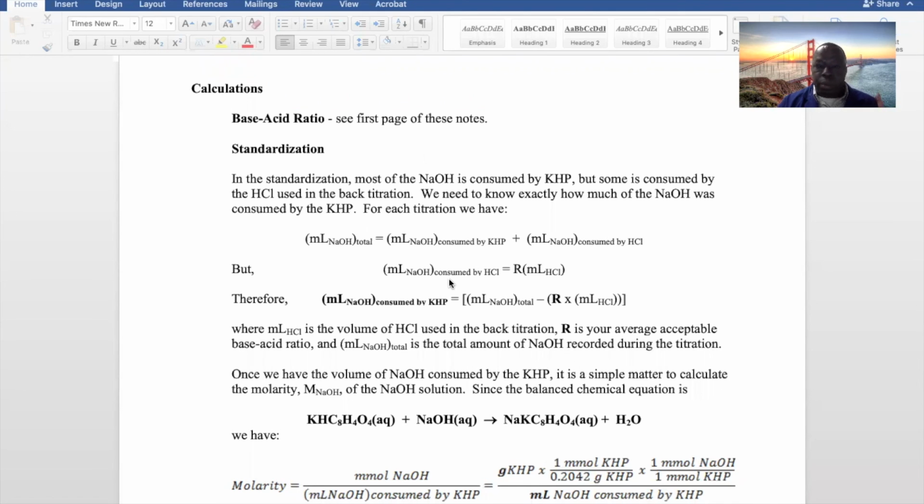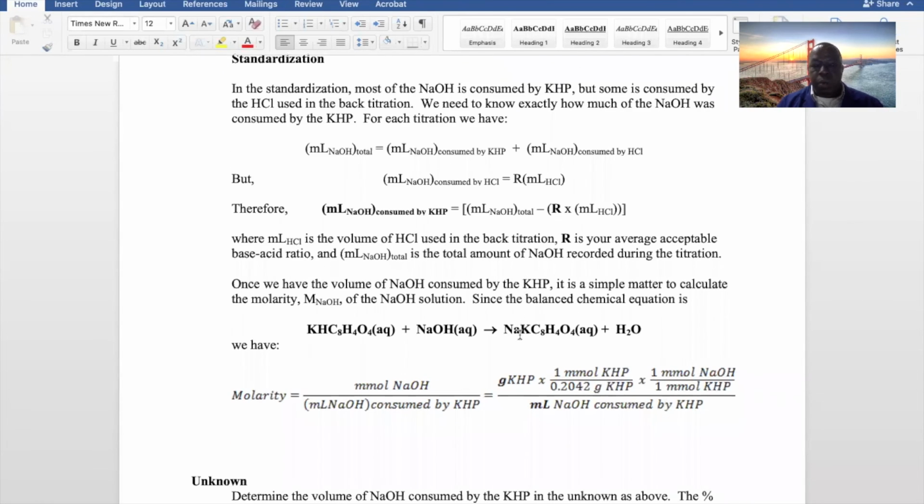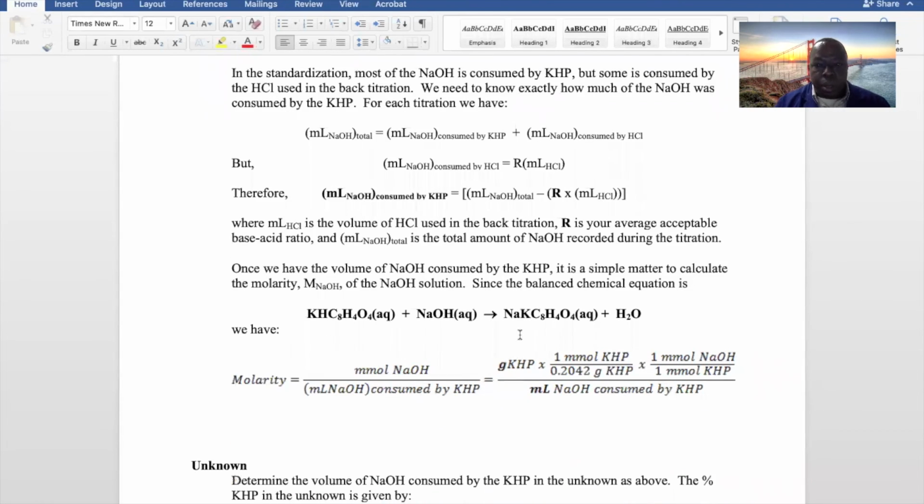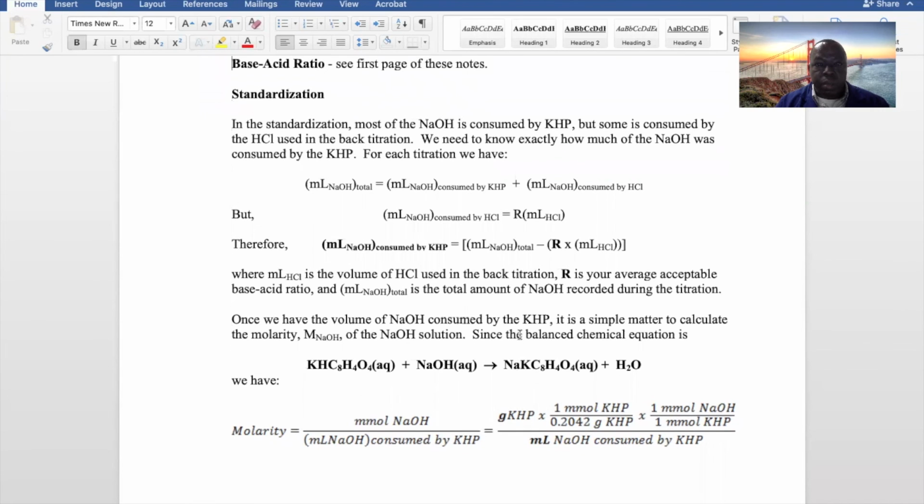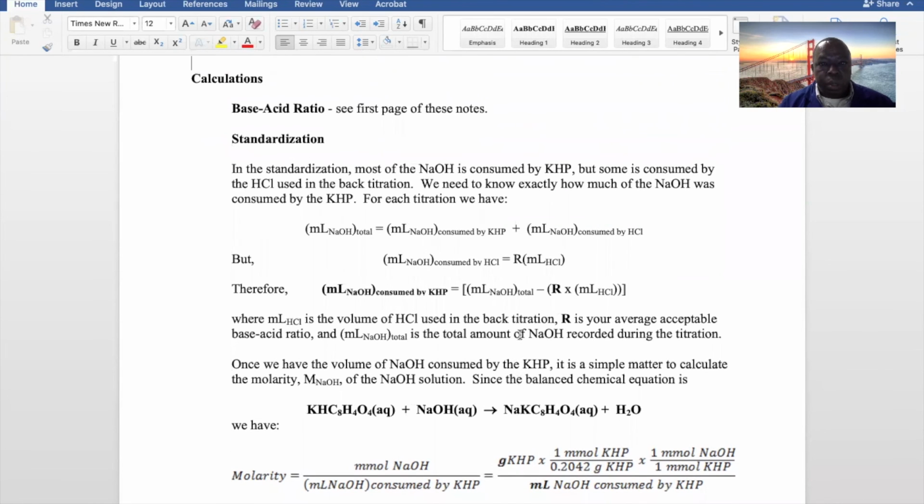If you read the directions, you don't need to do the back titration for all the samples of the unknown. It's recommended you only do it once. But for the standardization, you have to do it for each trial.